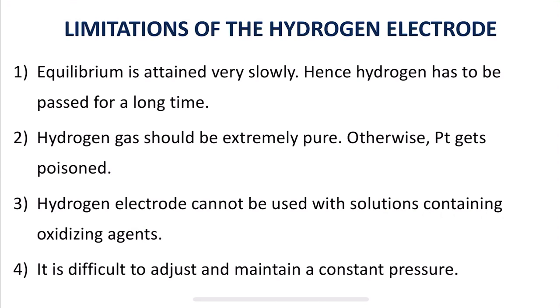This electrode is used as a primary standard, that is, the standard hydrogen electrode is used as a primary standard, and the potentials of other electrodes are standardized using the standard hydrogen electrode. Hence, other electrodes are known as secondary electrodes or reference electrodes.